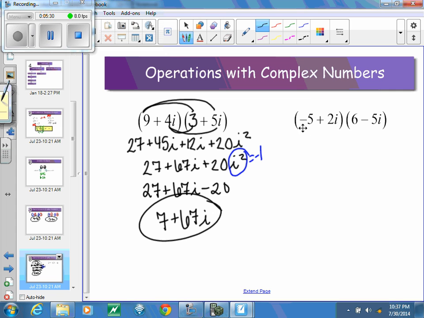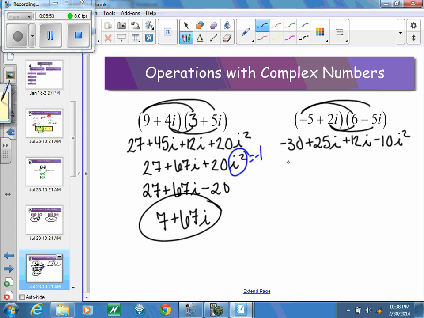Just to go through one more example here, I'm going to take negative 5 times 6, so that's negative 30. Negative 5 times a negative 5i is a positive 25i. 2i times 6 is going to give me a positive 12i. And 2i times a negative 5i is a negative 10i squared.